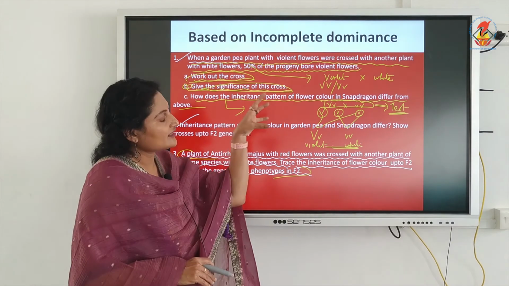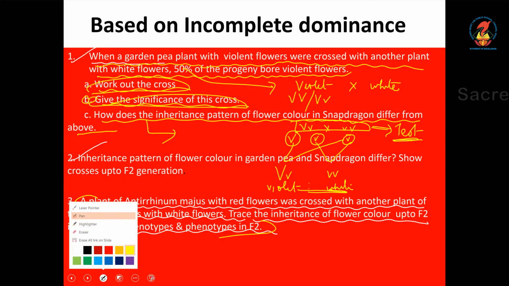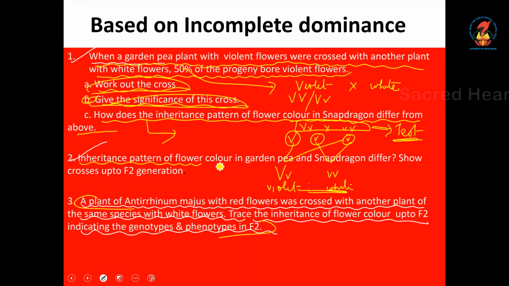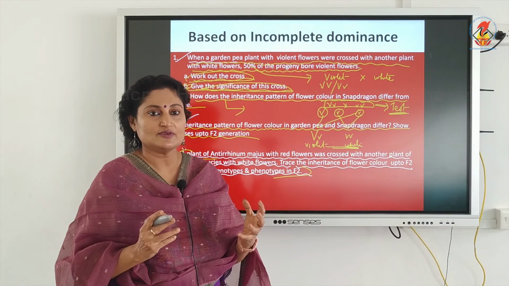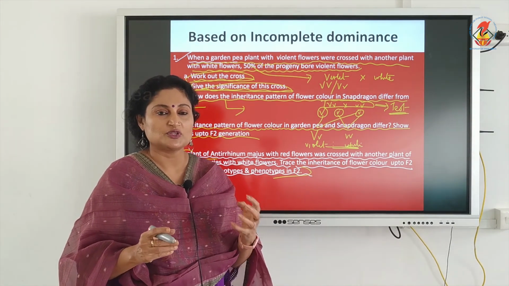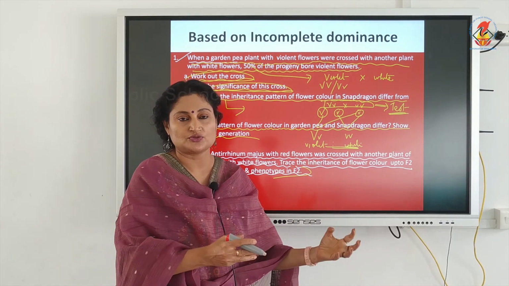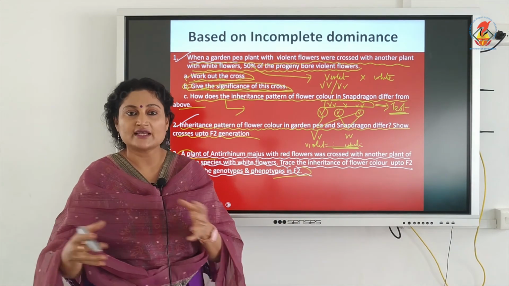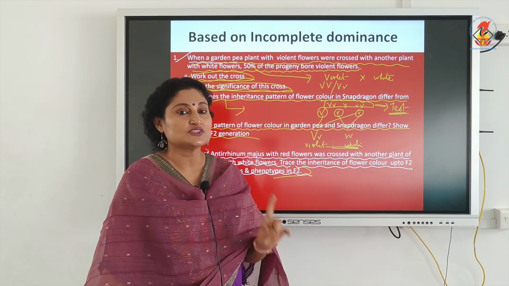So that is the way incomplete dominance usually comes. Now the second problem: the inheritance pattern of the flower color of garden pea and Snapdragon differs. So it crosses up to F2 generation. Again it is like our comparison question, where you do a cross between violet and white to indicate the 3:1 ratio of garden pea, and on this side you indicate the cross between red and white, and you get the ratio 1:2:1.